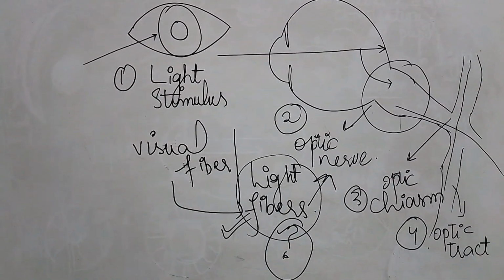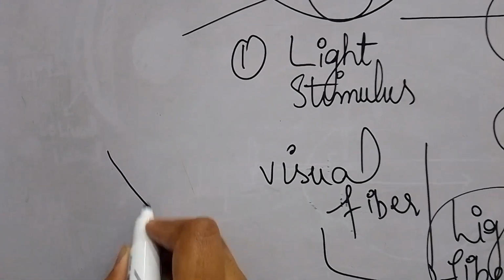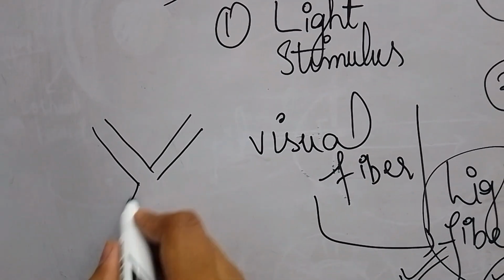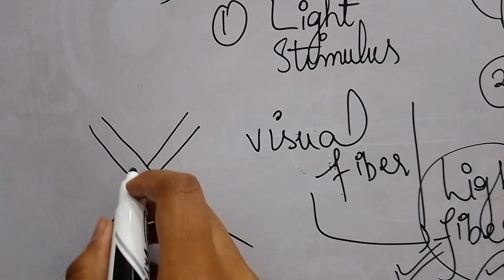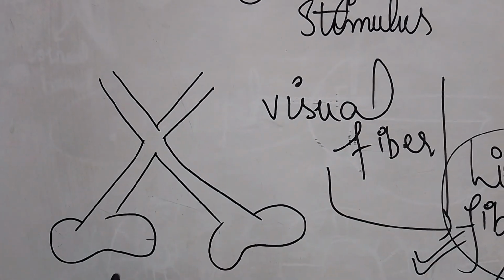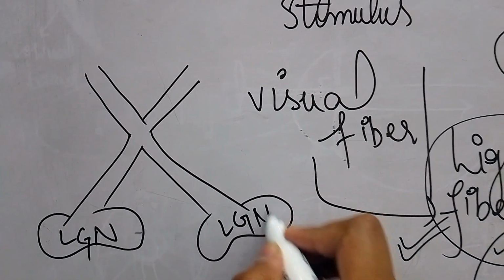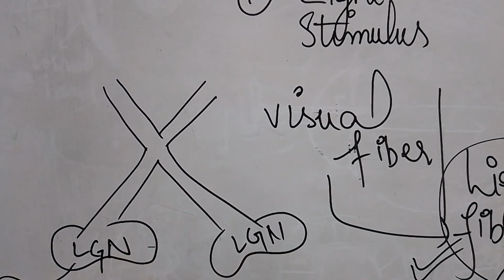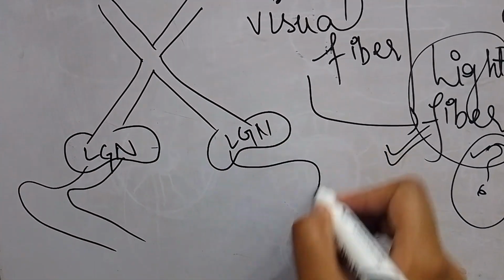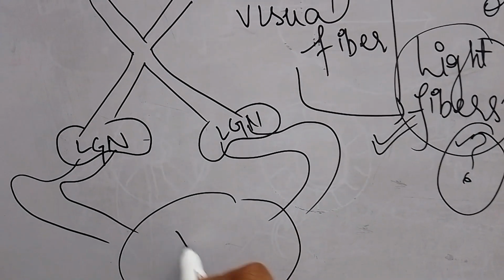Now what happens in the normal visual pathway is that we have the optic nerve, then there is decussation where the nerve fibers get crossed over, and then we have the optic tract, then the lateral geniculate body, where the visual fibers are going, and then there are the optic radiations, and then eventually they go into the visual cortex, right?